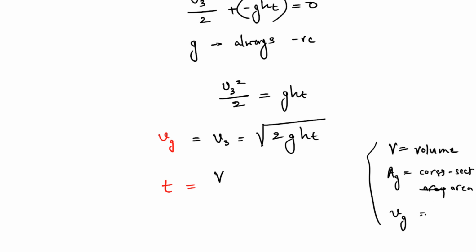The velocity at the gate you have already calculated, so that will be VG multiplied by AG. AG in most cases will be given to you, or you can calculate it geometrically. So these are the two things.